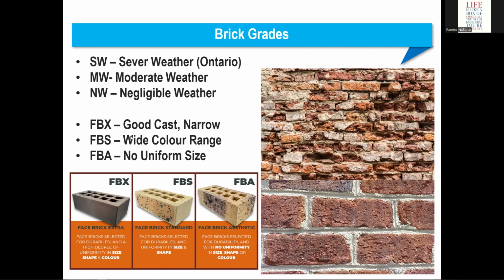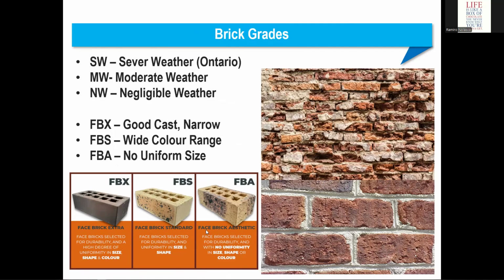So there are FBX, FBS, and FBA. So face brick extra: selected for durability and high degree of uniformity. FBS, or face brick standard: selected for durability and uniformity in size and shape.